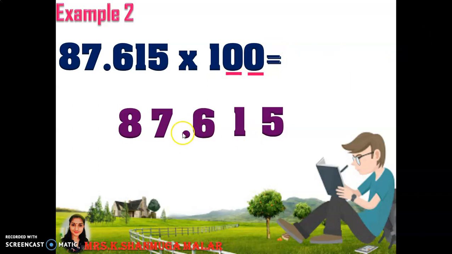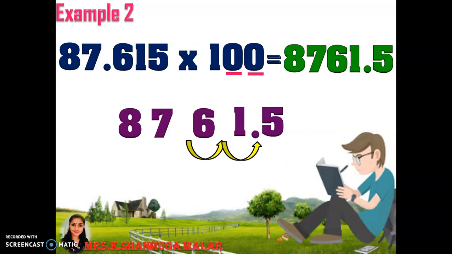So now we are going to move this decimal to our right 2 times. 1, 2. So the answer is 8761.5. Do you understand, students?